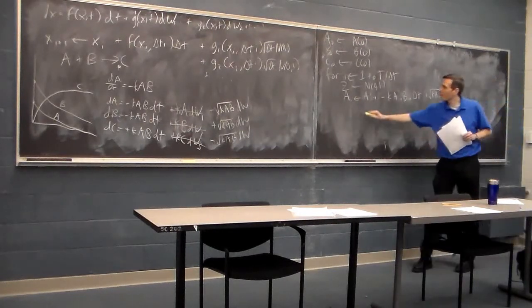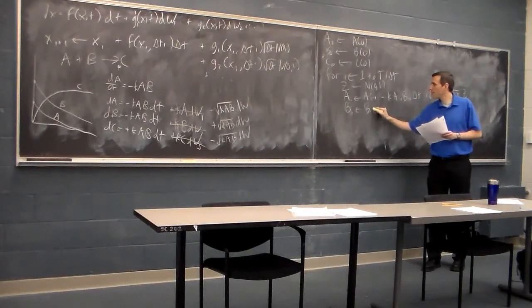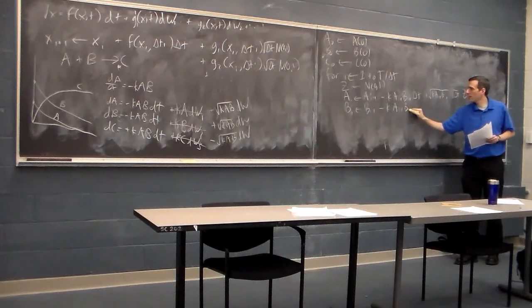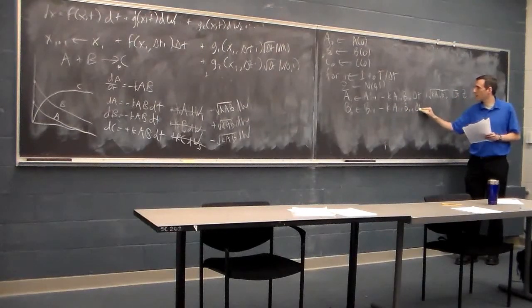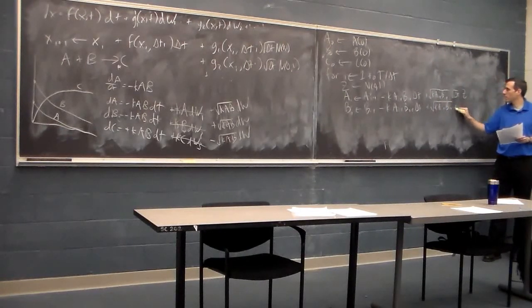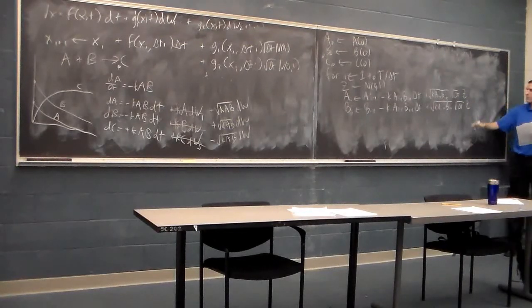And then we would do the analogous thing for b. So b_i gets b_{i-1} minus k, a_{i-1}, b_{i-1}, delta t, plus square root of k, a_{i-1}, b_{i-1}, square root of delta t times z. And again, it's important for this model that it's the same z here.